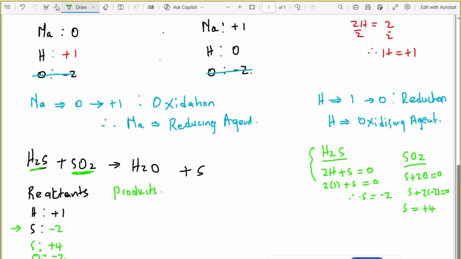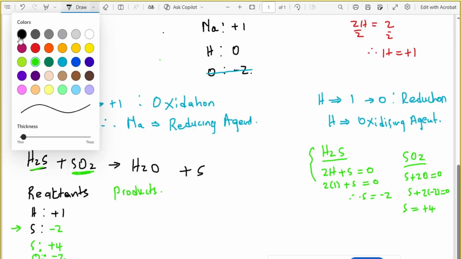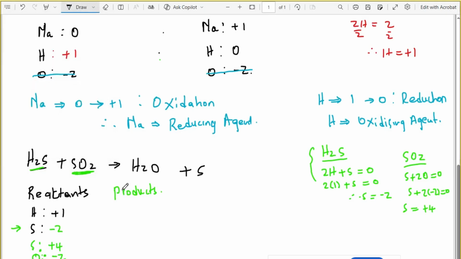So when I look at the products, I can see that the first one is hydrogen. And we know that hydrogen is in H2O, so it's just +1. And then the next one, it's sulfur, which is an element, so it will be 0.